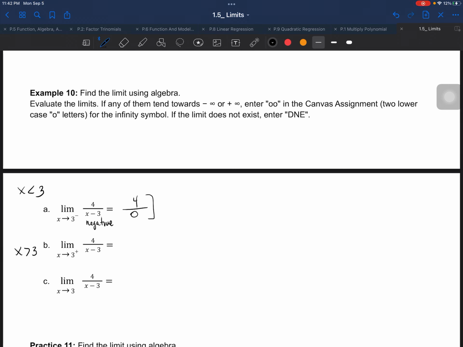But what we remember is that when we have 4 over 0, we call that undefined. Well, in this class, instead of saying undefined, we're gonna say whether this actually is going to infinity or negative infinity. So this number is getting closer to 0, right? So it's never going to be 0, but we can think about it as being very close to 0.